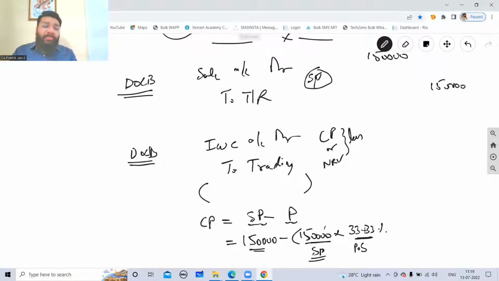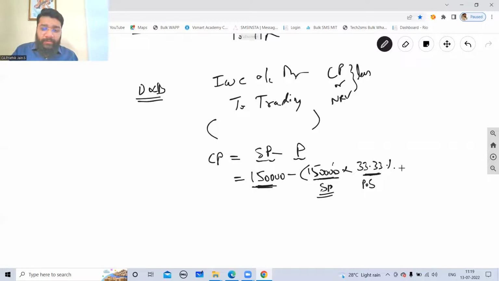Whenever sale price and profit on sale is given, or whenever cost price and profit on cost is given, take your calculator. 1,50,000 is sale price. 1,50,000 minus 33.3334 percentage, and you'll get 99,999, which is nothing but 1 lakh rupees. Your cost price is 1 lakh rupees.